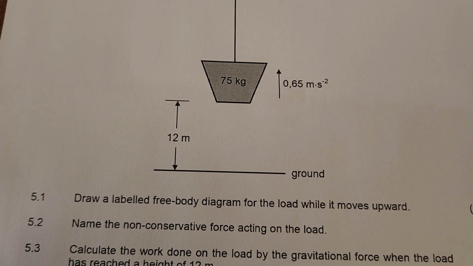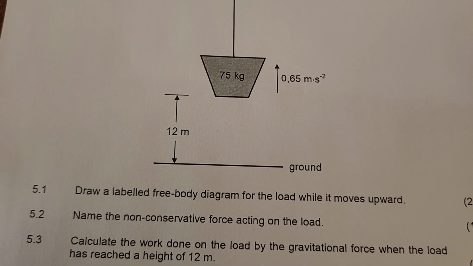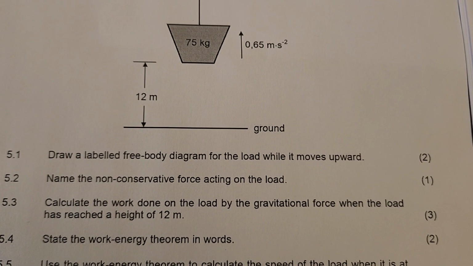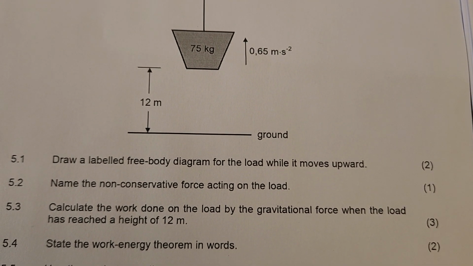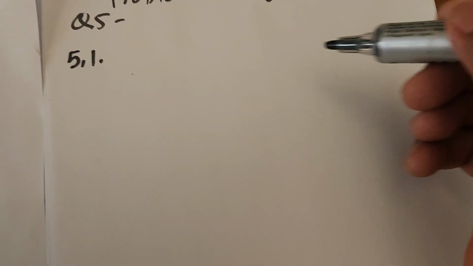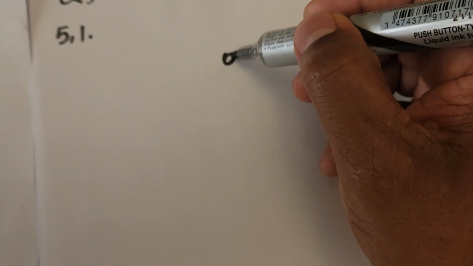And then 5.1, they say to us for 2 marks, draw a labeled free body diagram for the load while it moves upward. Remember, when you draw this one, because it's 2 marks, the load will be represented by a dot, represent an object with a dot.